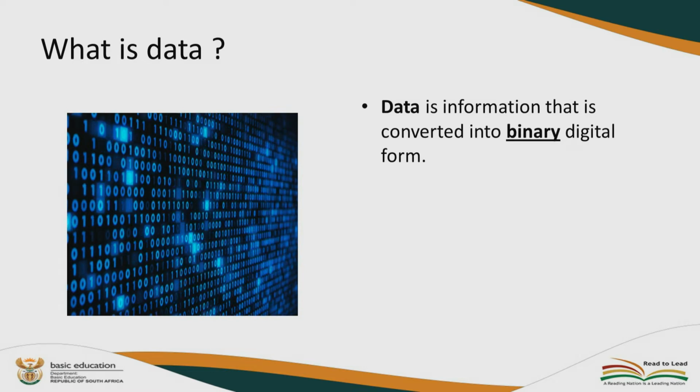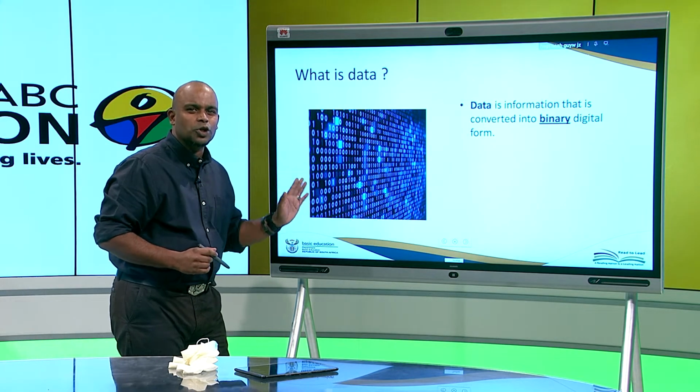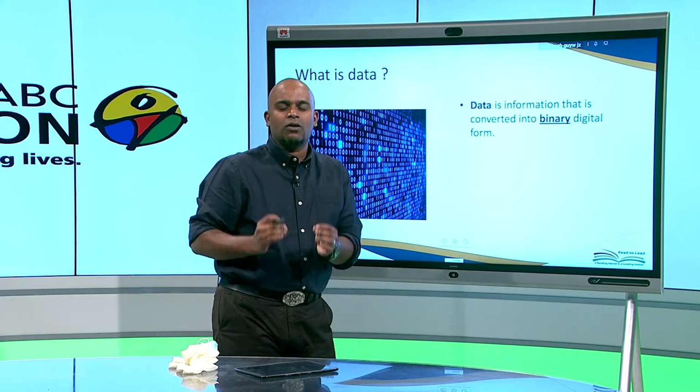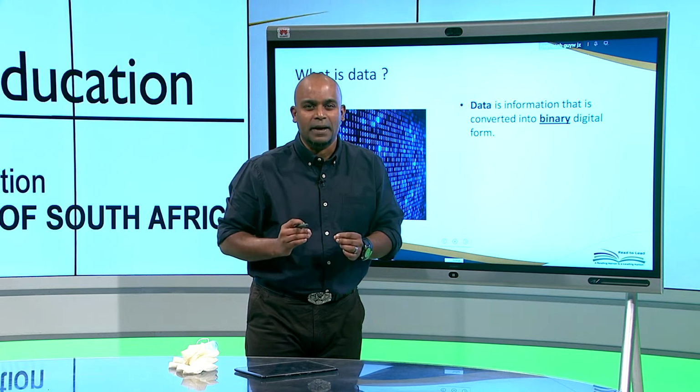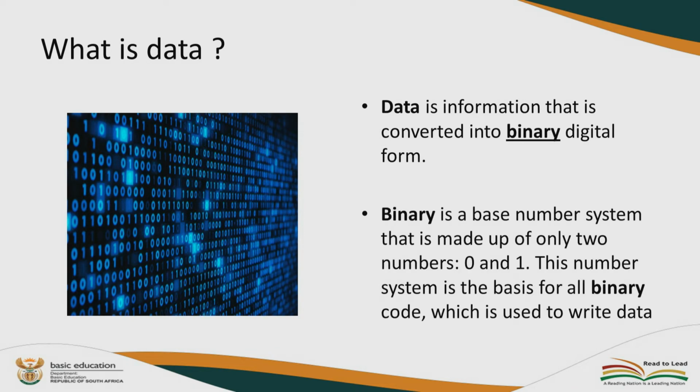Now, this diagram looks something similar to a movie like The Matrix. However, what you should consider is that all the aspects of data are converted into binary. A binary is two numbers, 0 and 1. If you look closely into the definition, it is a base-2 number system.